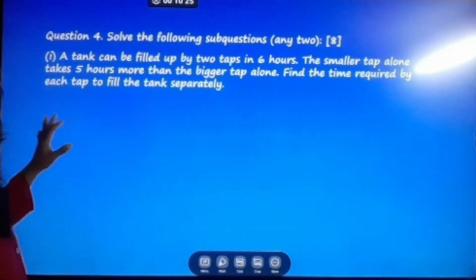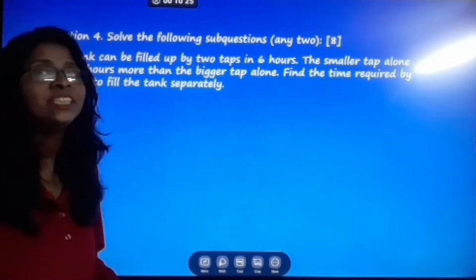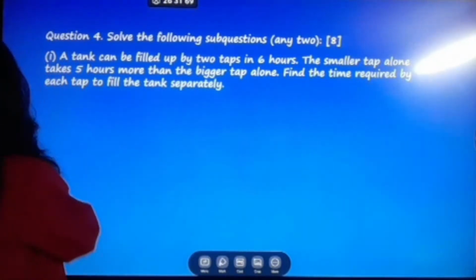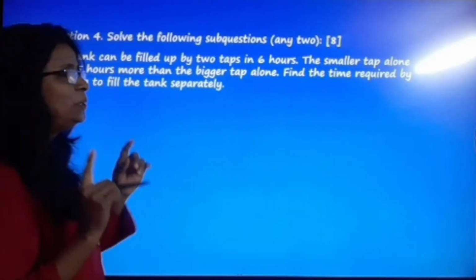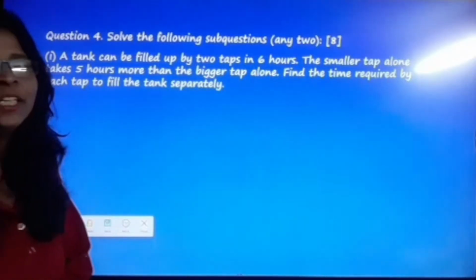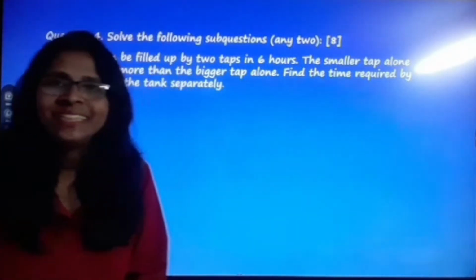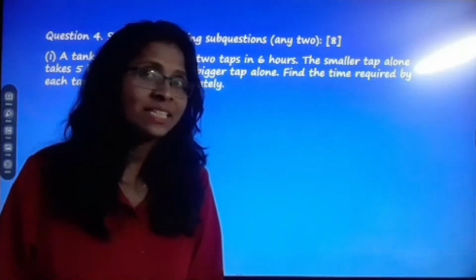Okay, so first, a tank can be filled up by 2 taps. So here they mention that there are 2 taps, and that by the two taps the tank is filled in 6 hours.